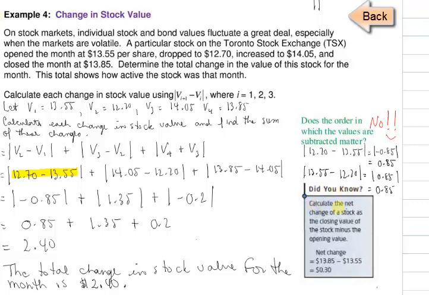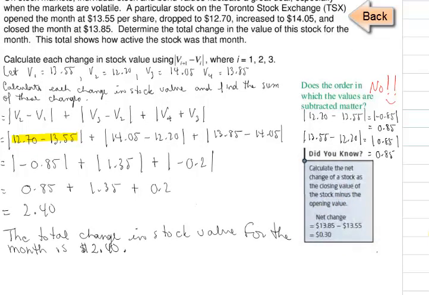Okay. All right, and the next thing, did you know? Calculate the net change of a stock as the closing value of the stock minus the opening value. Net change is quite a bit different than when we're looking at the total change in the stock value. The net change just means take the difference between the value at the close of the month and the value at the opening of the month.